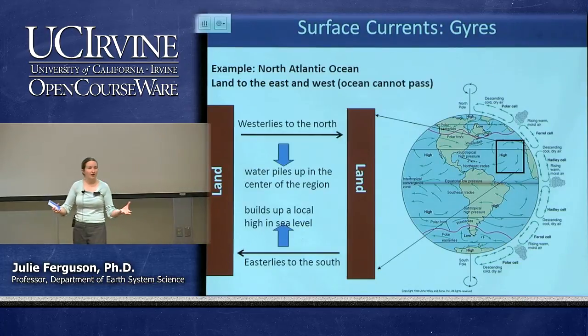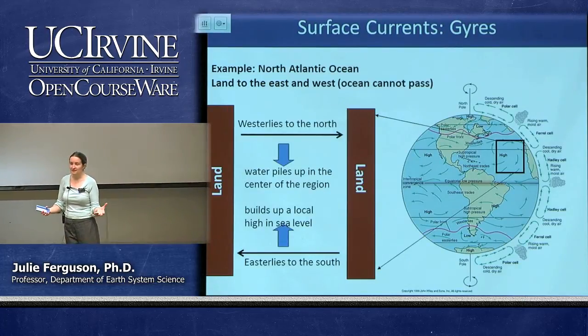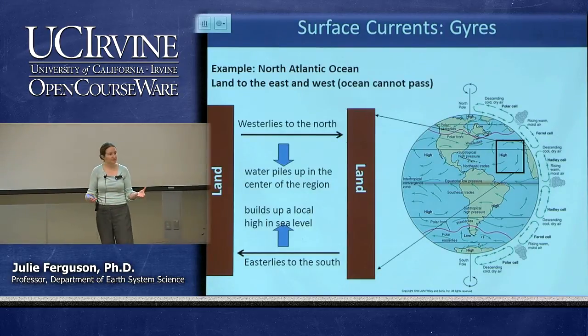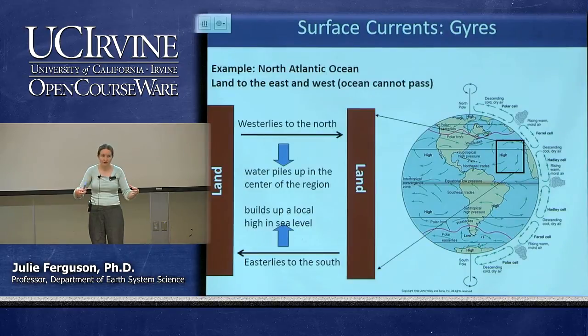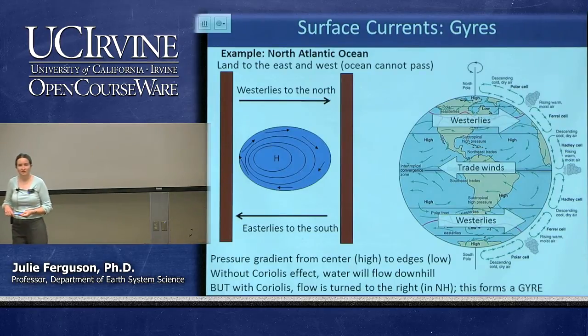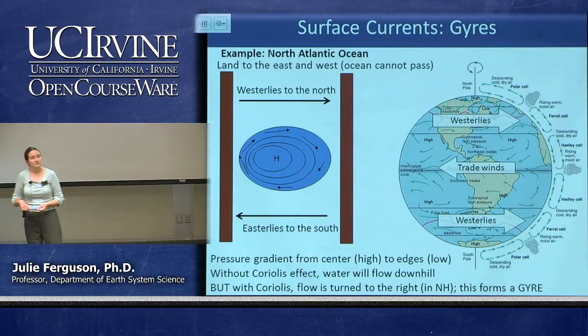So we have our pile of water in the middle of the North Atlantic, and water doesn't like being a pile. We don't pile up water terribly easily. So what happens is that high of water tries to move out. It tries to go from high to low. It tries to flow outwards to counteract this forcing of the wind. But as it flows outwards, which way is it deflected in the northern hemisphere? To the right.